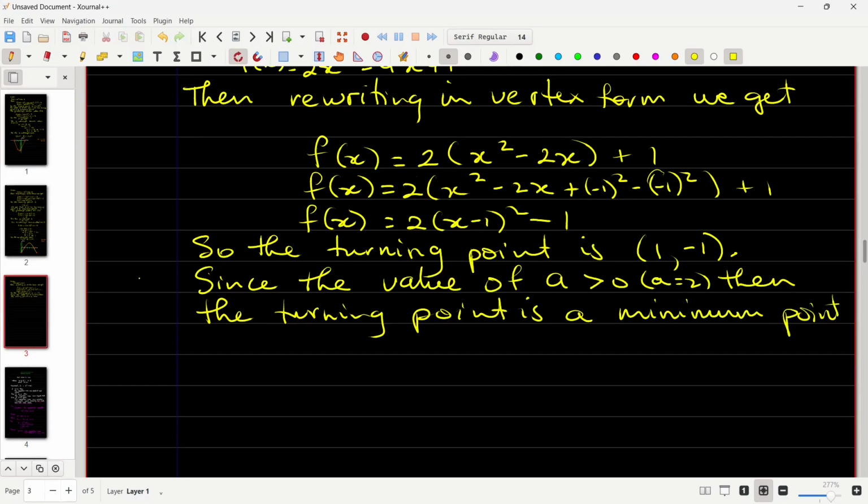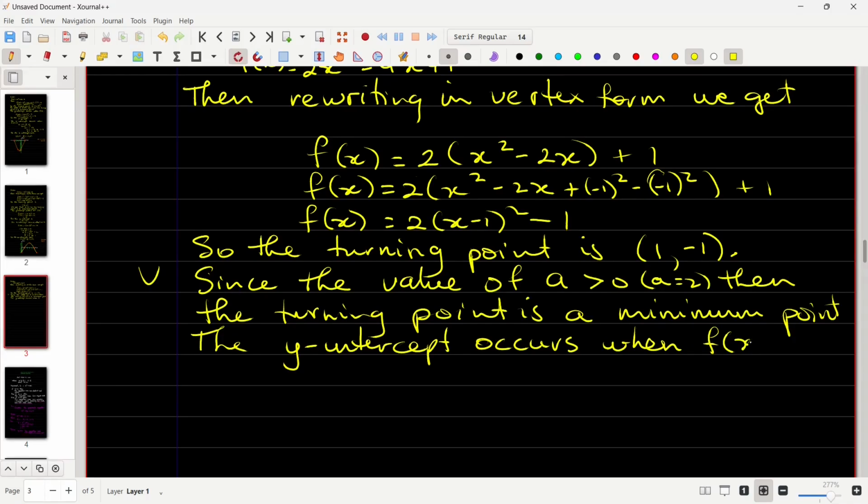And in this case, that minimum point looks like that. Next, the y-intercept occurs when f is evaluated at 0. I should say at f of 0.